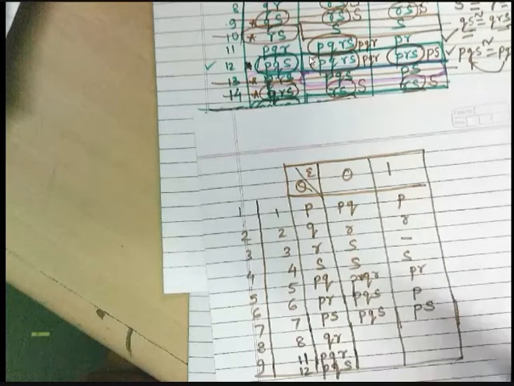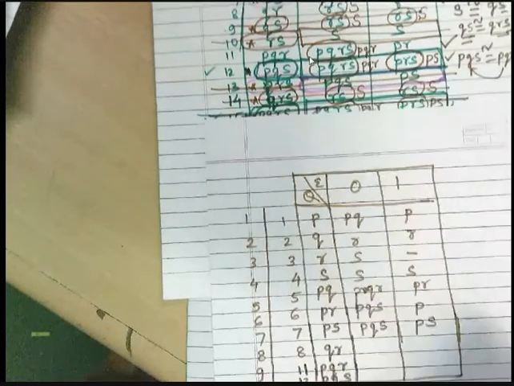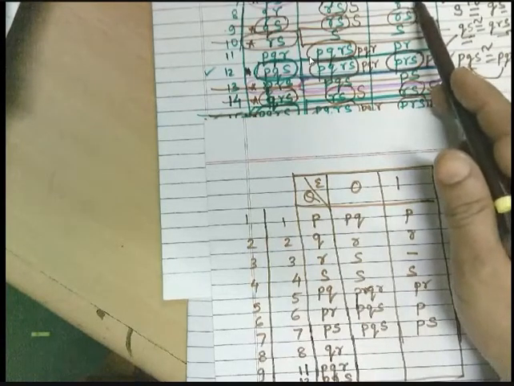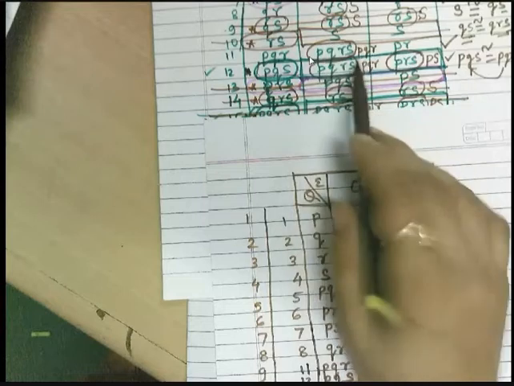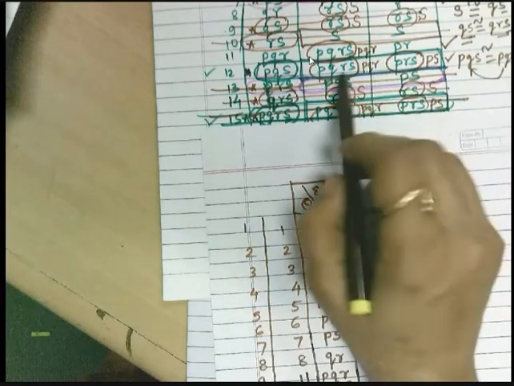Okay. So then 7 is there. PQS, PS. Then 8 is SR, then PQR. PQR is having PQR and PR, and finally PQS is having PQR and RS, right?